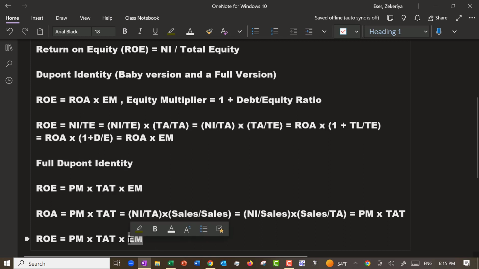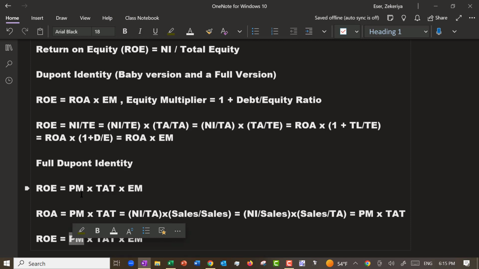And the third one is leverage. So this is how much money are you able to keep out of each dollar of sales after all expenses and taxes and stuff. The second one is how efficient are you in using your assets to generate sales. And the third one is using other people's money.